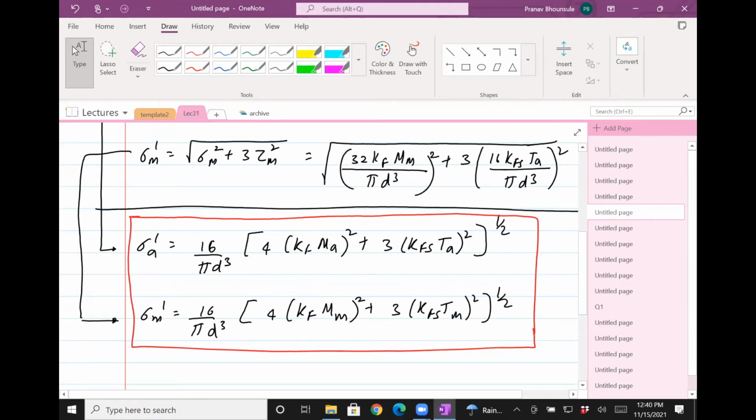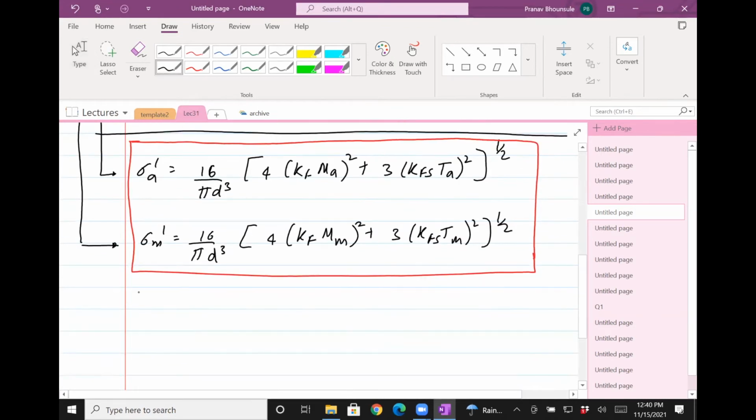Okay, so now we have these formulas, and we'll get into failure. So far we have the criterion for failure, which is distortion energy.